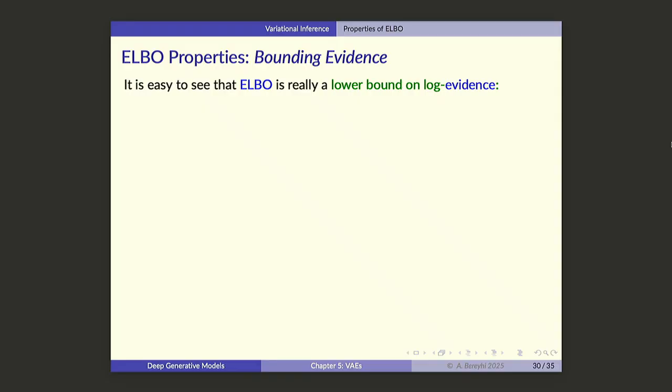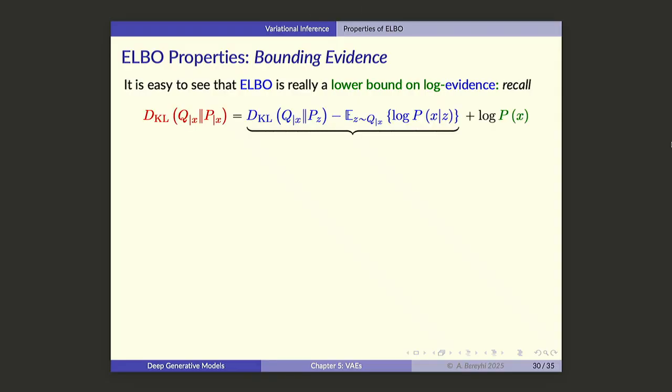So let me just write down that equality that we saw. This was the bad KL divergence, which we cannot compute. These were the terms which we could compute. This is the log of the evidence, right? What are those good terms together? They are ELBO, but with a minus sign.